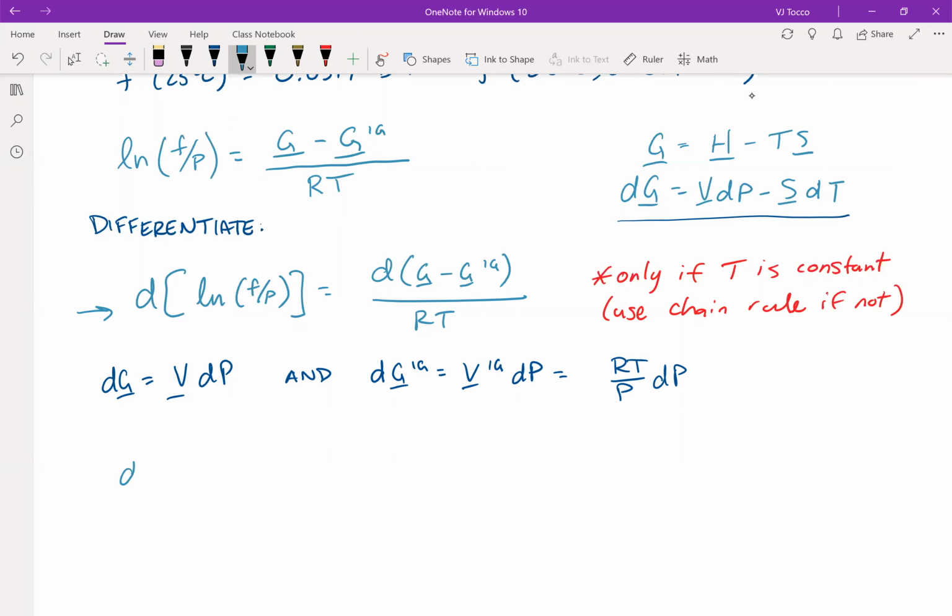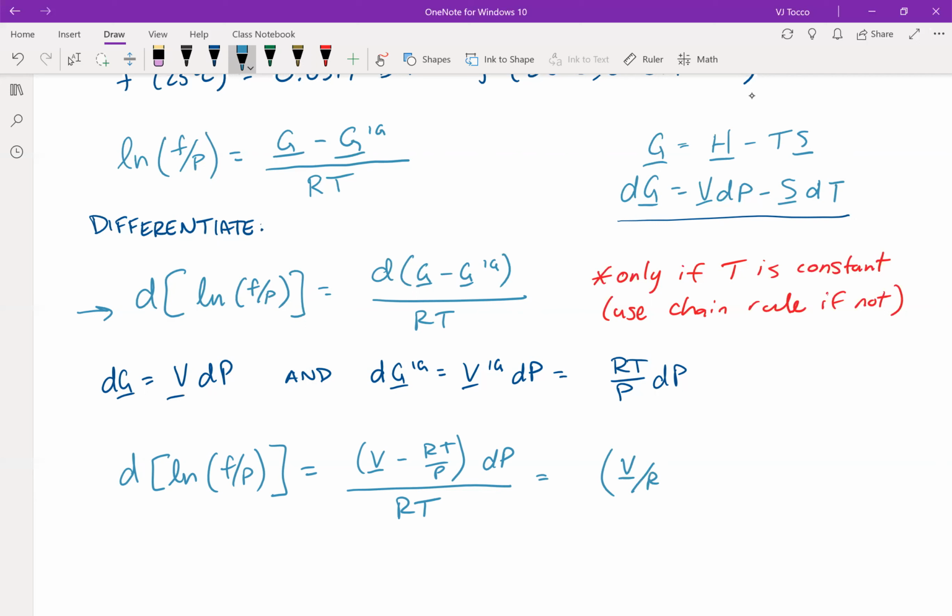So it's d ln of f over P is equal to V minus RT over P dP over RT. Before we integrate this, we can simplify a little bit. So we can say it's V over RT minus 1 over P dP.